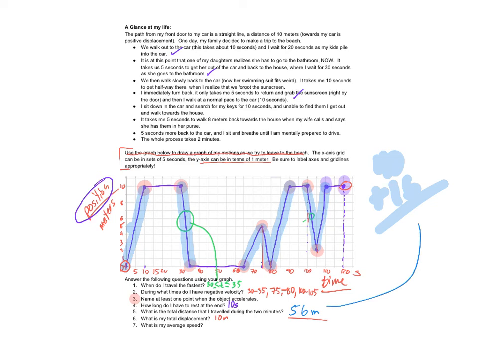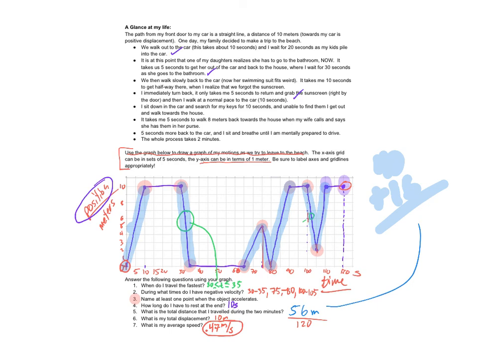My average speed, remember, is distance over time. So average speed, I'm just going to take that 56 meters and divide it by 120 seconds. And so if I do 56 divided by 120, then I'm going to go ahead and put my answer in 2 sig figs. I'm going to go 0.47 meters per second.